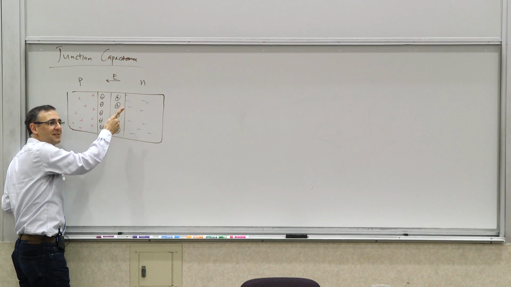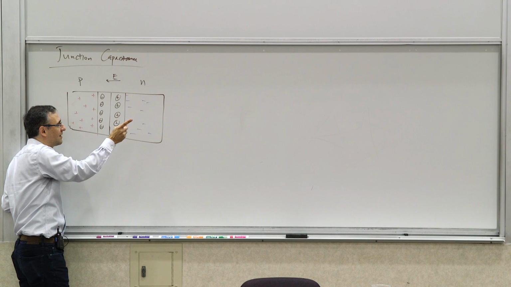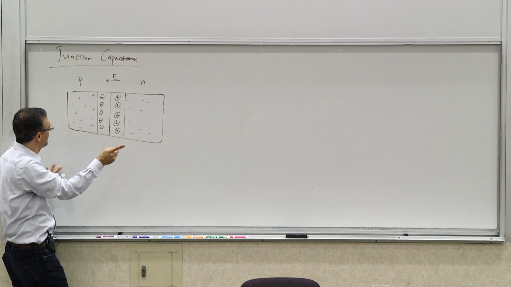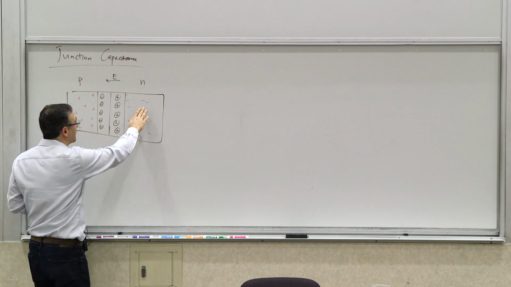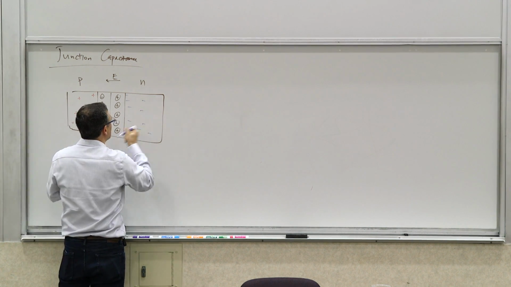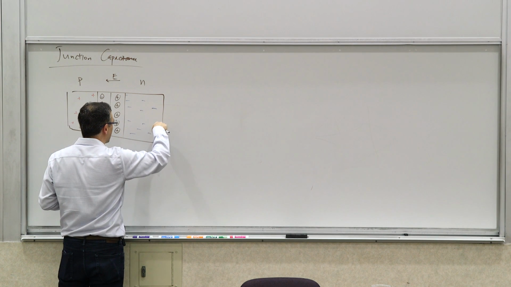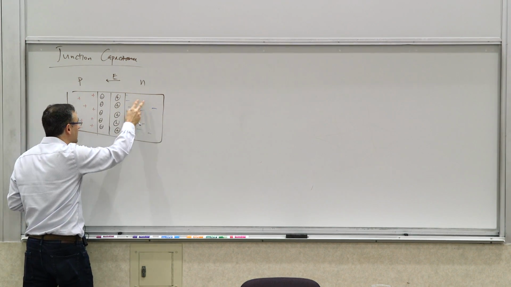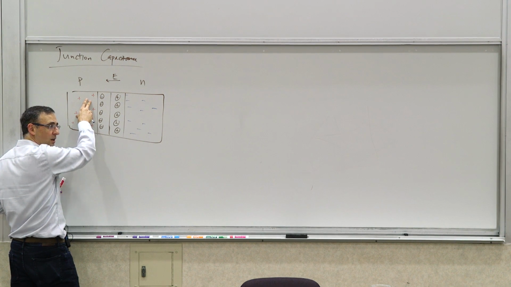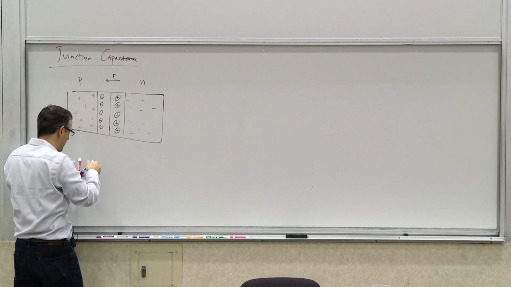Did I make a mistake? Yeah, maybe you hope to distinguish that what you're drawing in the bulk is the free carriers rather than ions. The blue is the free carriers. These are the free carriers, correct, yes. These are the electrons here, and these are the holes, right? And then this is what's left behind. This region is depleted.